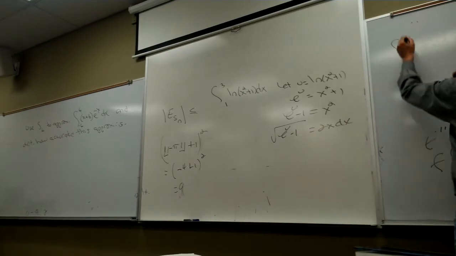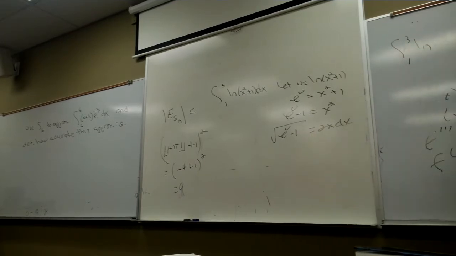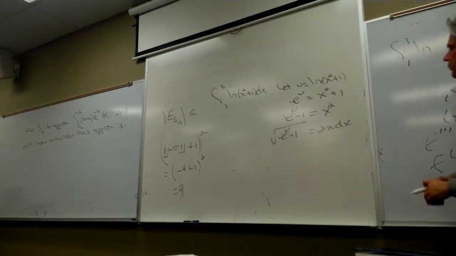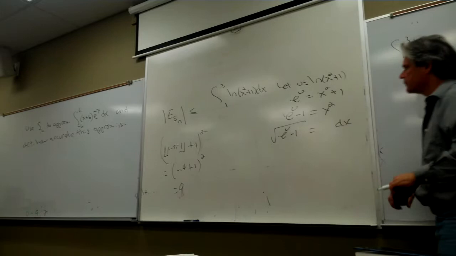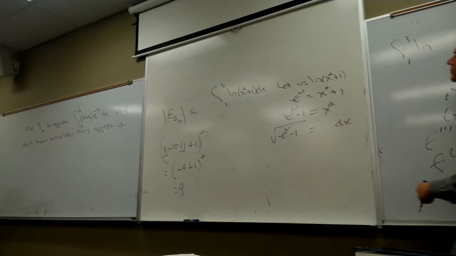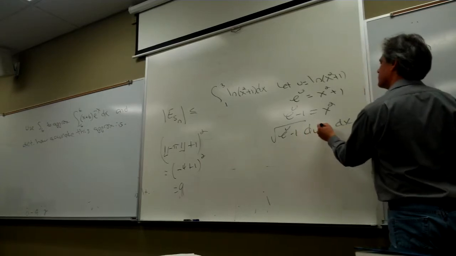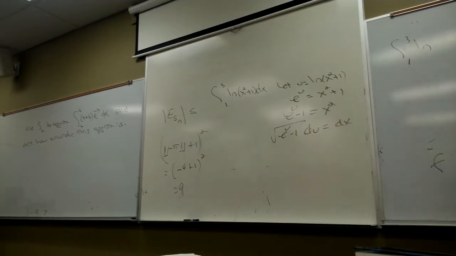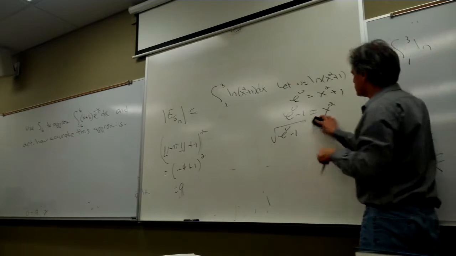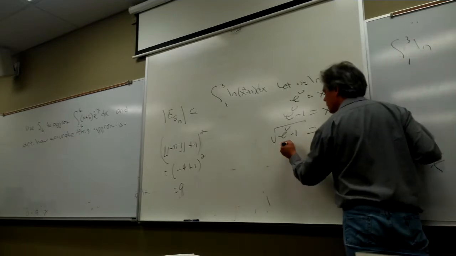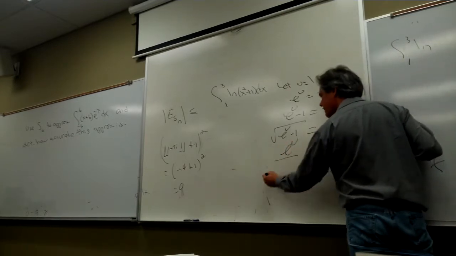So now you said this integral. If you took the square root, how did you get 2x? Oh, sorry, I didn't. And so I took the derivative of that, which is 1 over 2. How does that work?